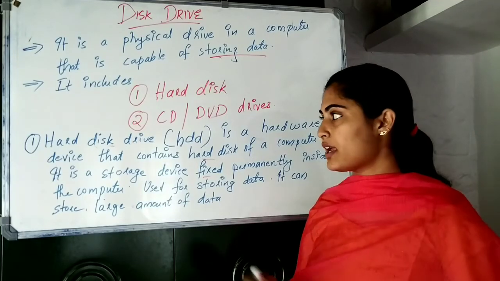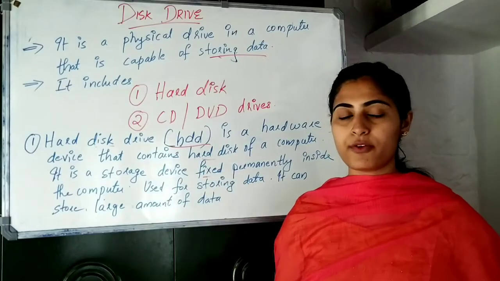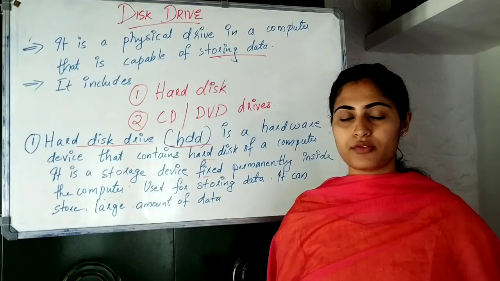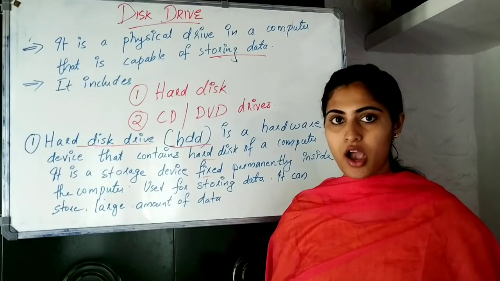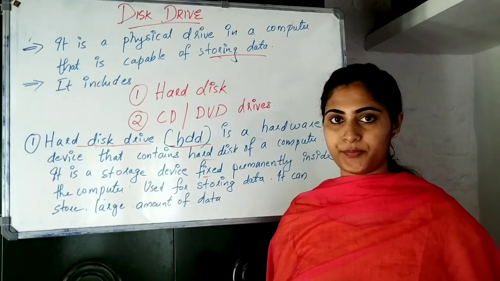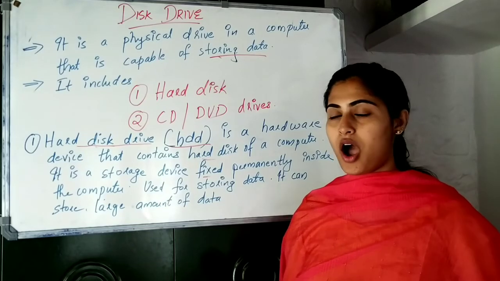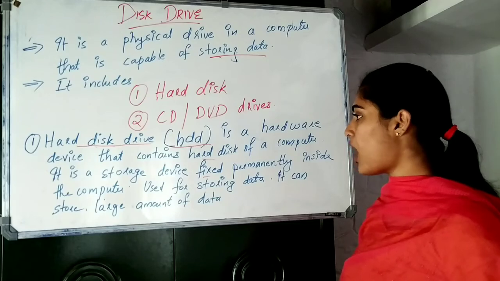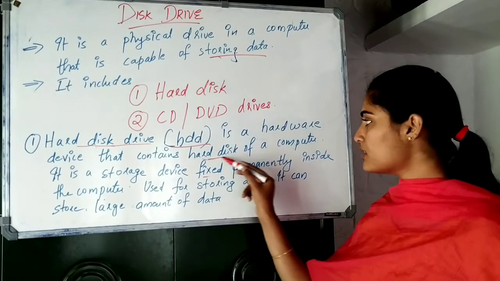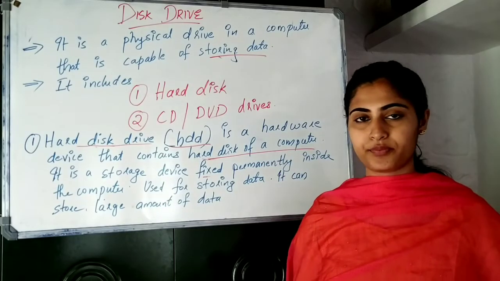First one is HDD. Full form for HDD is hard disk drive. This will be asked as one word. So hard disk drive, it is a hardware device that contains the hard disk of a computer.